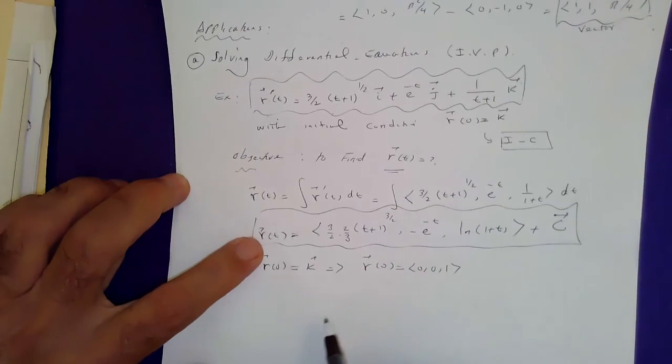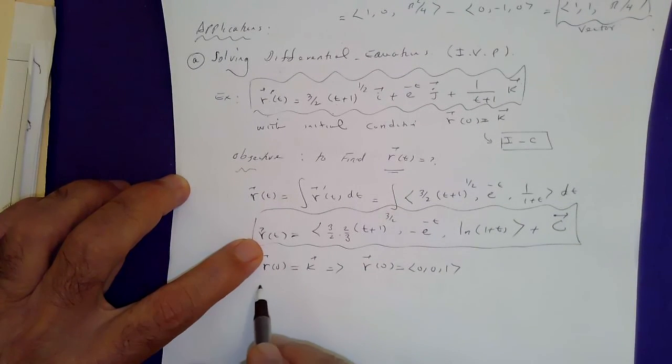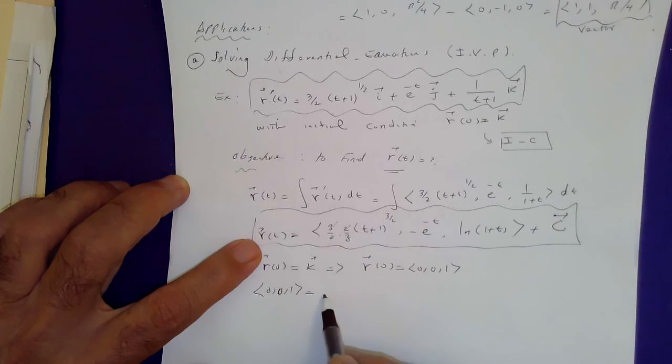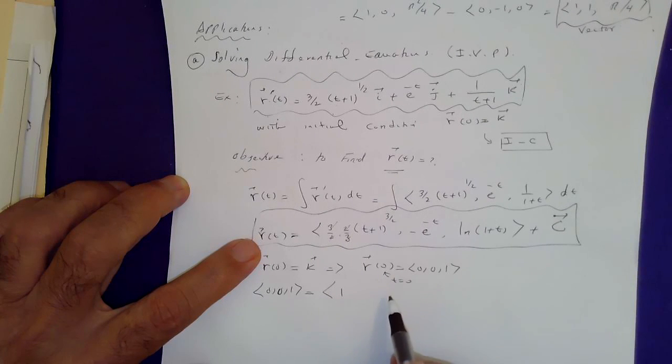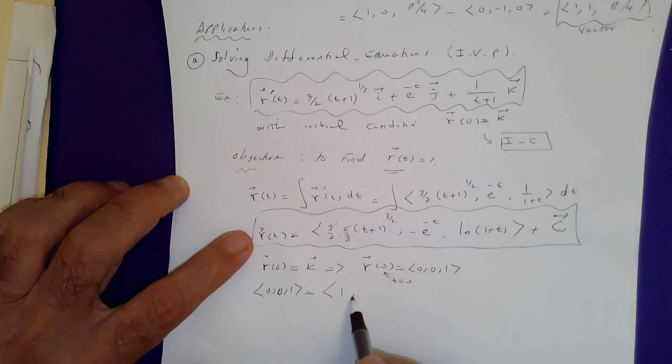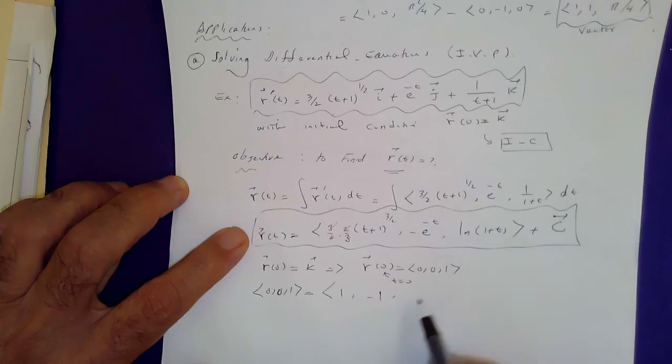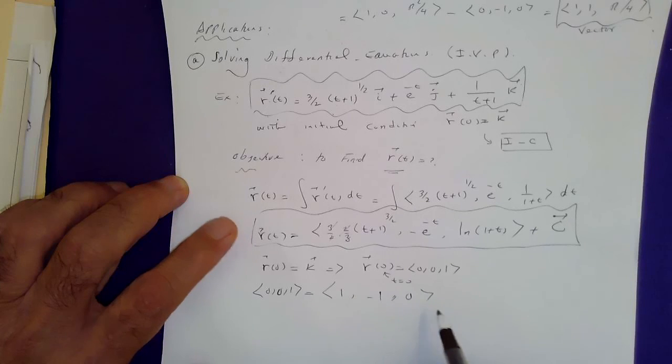How do you do that? Replace r of 0 with 0, 0, 1, and replace the t's with 0. Here you get 1, here you get negative 1, e to the 0 is 1. Natural log of 1 plus 0, natural log of 1 is 0.